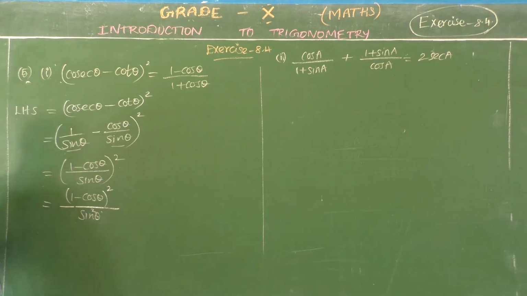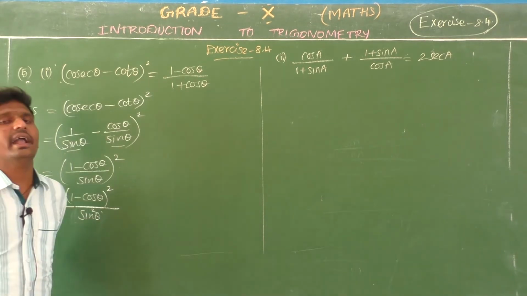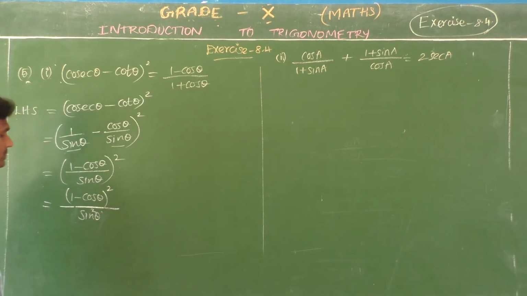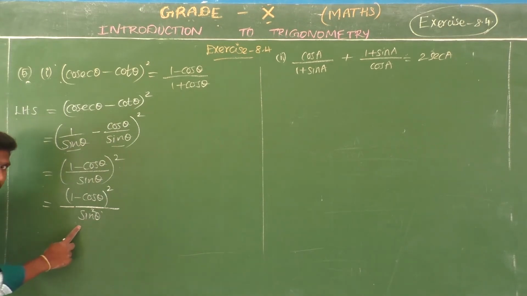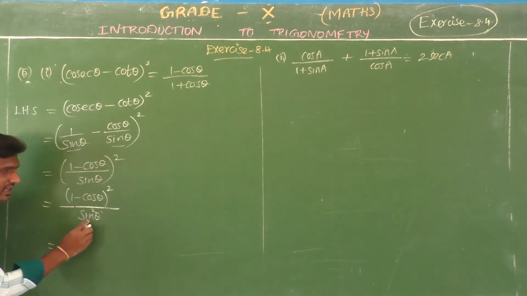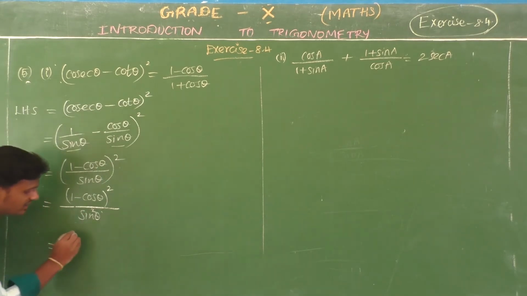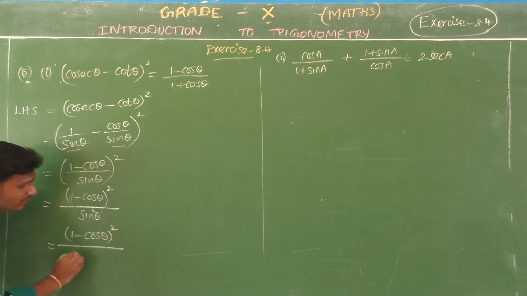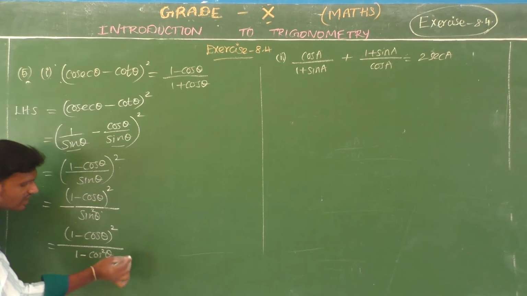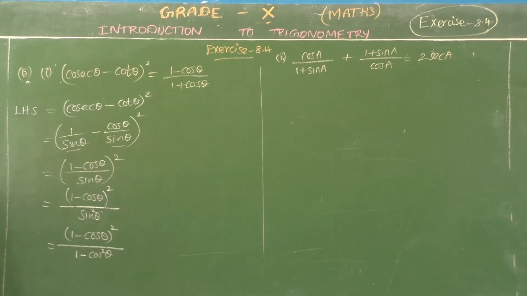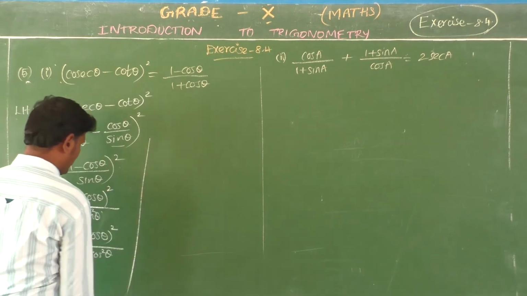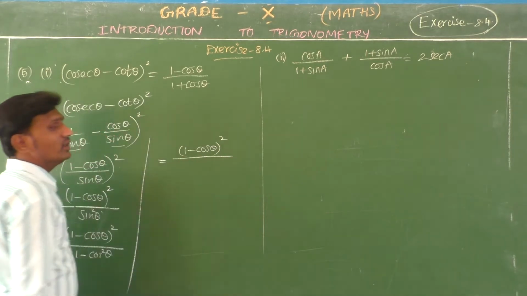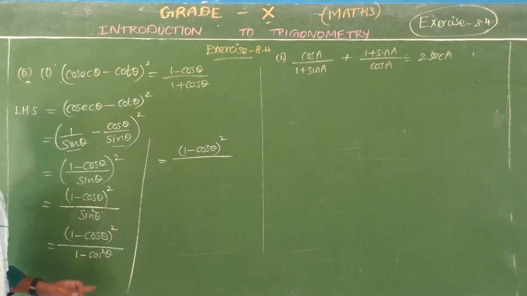And already I told you the first trigonometric identity: sin square theta plus cos square theta equal to 1. So here I have sin square theta. Shall I consider sin square theta equal to 1 minus cos square theta? So it will come: 1 minus cos theta the whole square, the whole divided by 1 minus cos square theta.